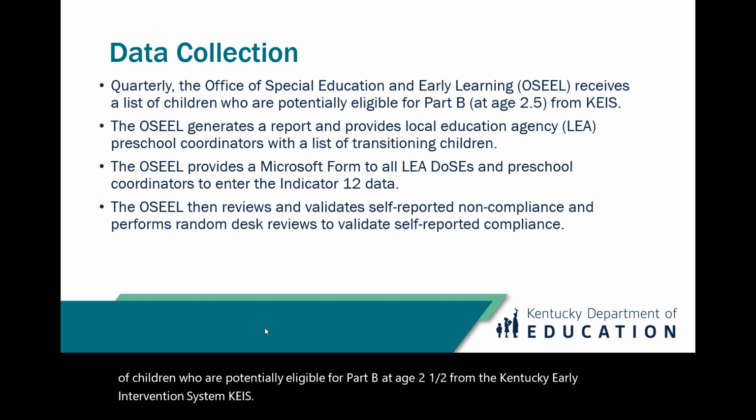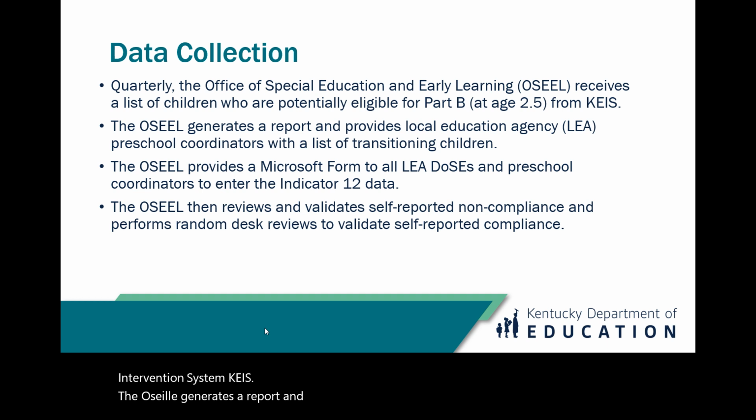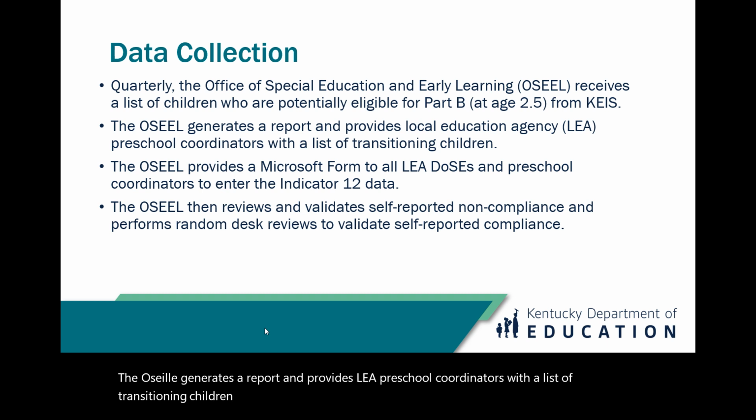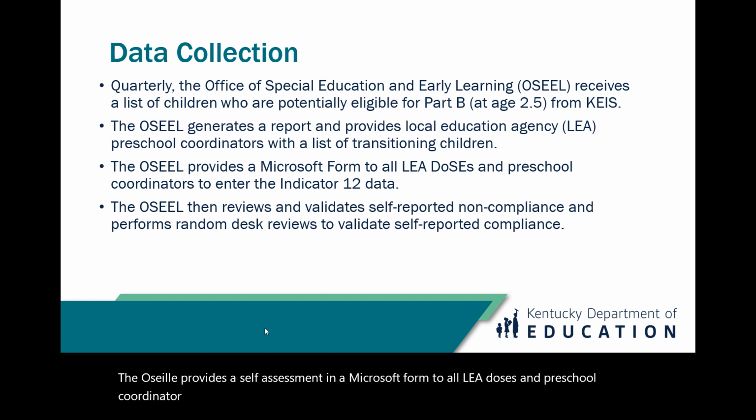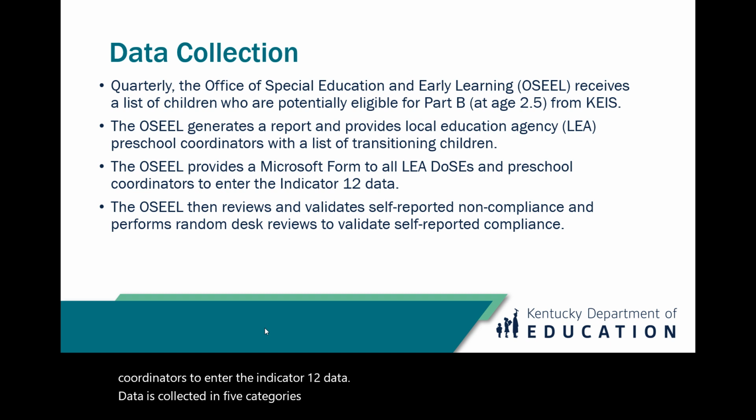The OSEEL generates a report and provides LEA preschool coordinators with a list of transitioning children. The OSEEL provides a self-assessment in a Microsoft form to all LEA DOSes and preschool coordinators to enter the Indicator 12 data. Data is collected in 5 categories.